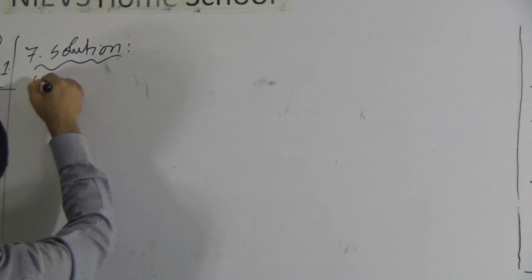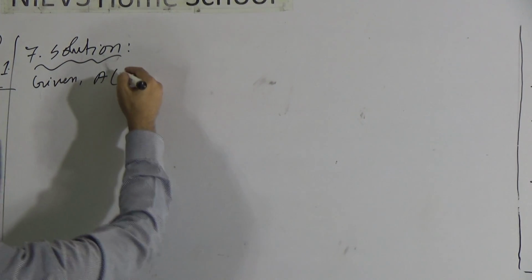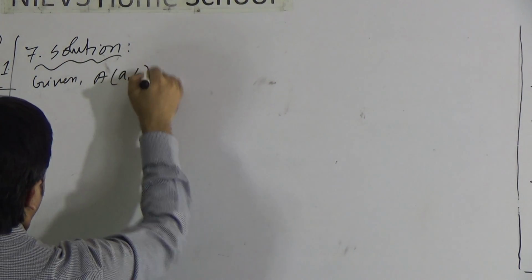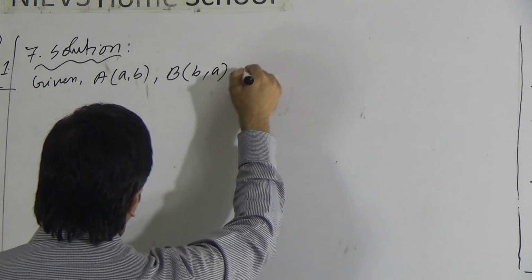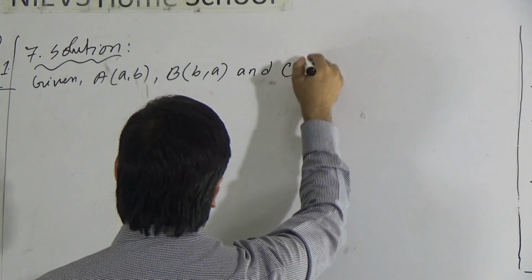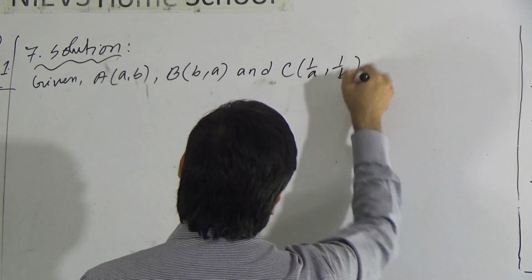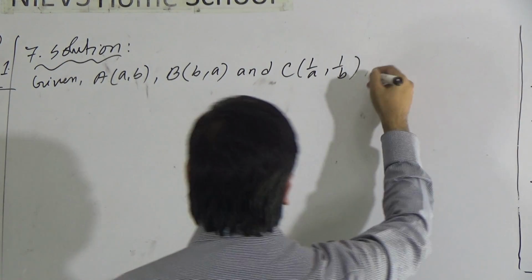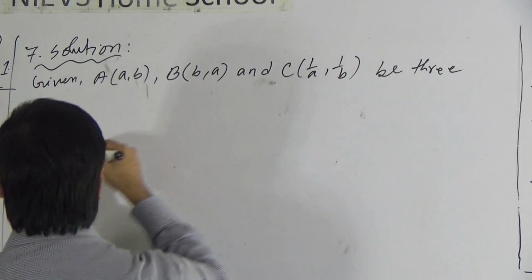We can write given: A, B, and C with 1 by A, 1 by B. These are 3 points.